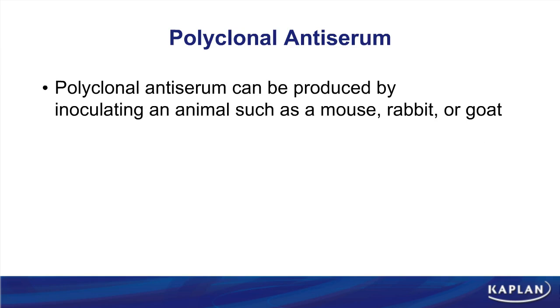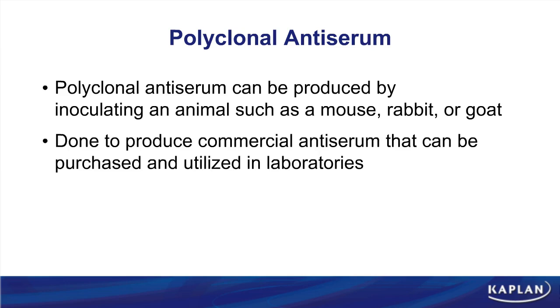We can generate polyclonal antiserum within animals. We could inject an animal with a particular antigen, harvest the polyclonal antiserum, and we can actually utilize that for certain diagnostic tests that we're going to be talking about throughout the rest of the chapter.